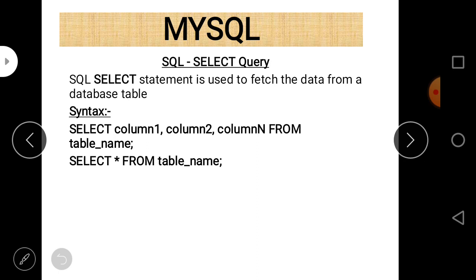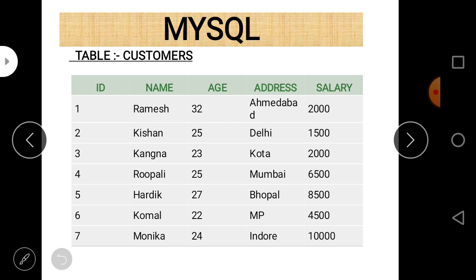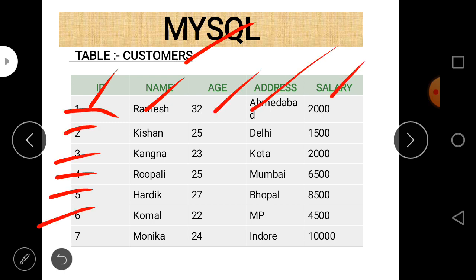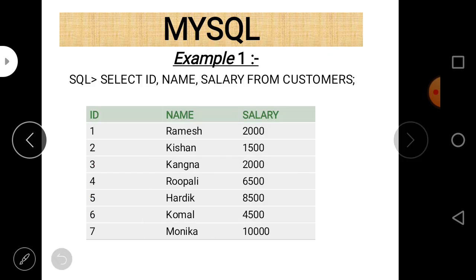So the SQL select statement is used to fetch the data from a database table. So this is the syntax here. Now there is a table name, suppose customer, and the table contains column names ID, name, age, address, and salary, and these are the different rows here.